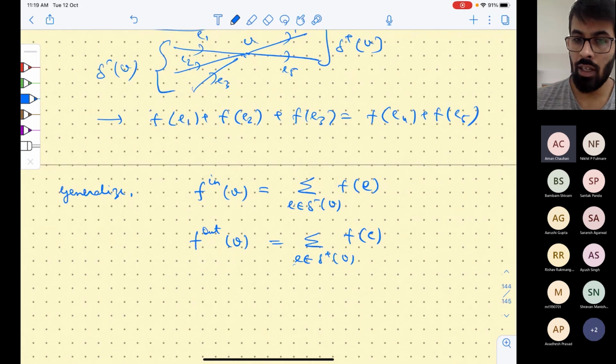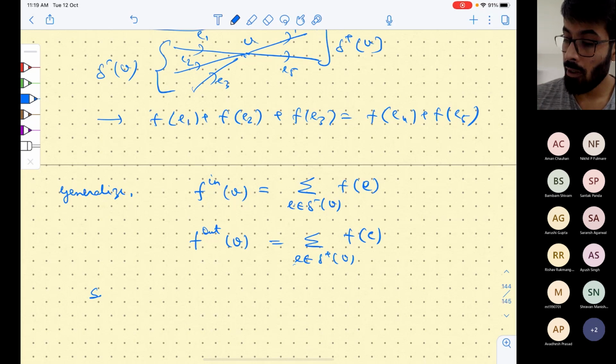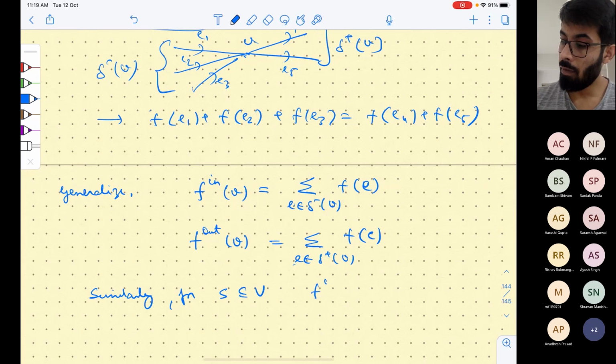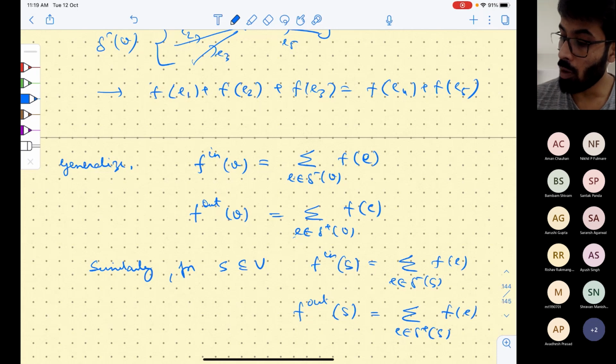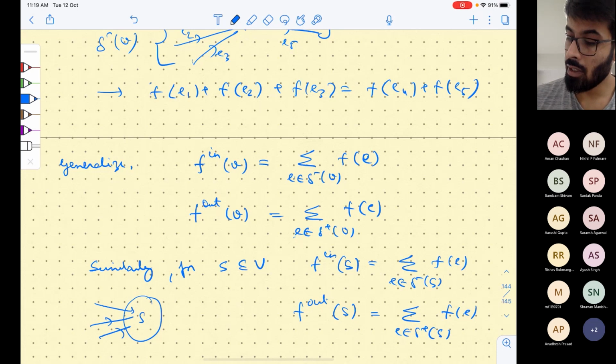So similarly, now we can define for a subset S subset of V. Again, we can define f in of S is equal to summation over E belongs to delta minus of S of f of E, and f out of S is equal to summation over E belongs to delta plus of S of f of E. And again, if this is S, these are the sets of edges going in and going out.